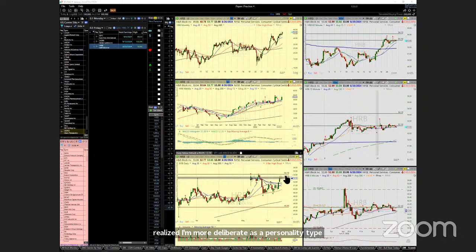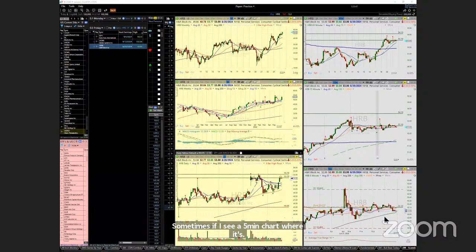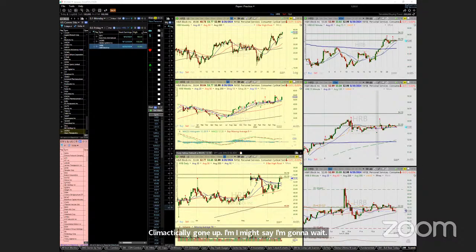So by doing this, when that 54:10 alert and I post, that means I've done the work before that. Sometimes if I see a 5 minute chart where it's climactically gone up, I might say I'm going to wait before committing, but that's occasional.